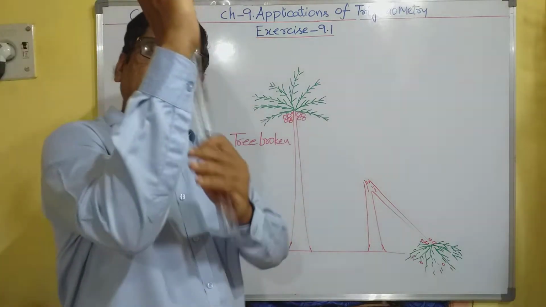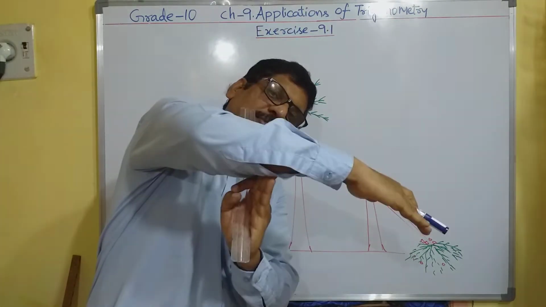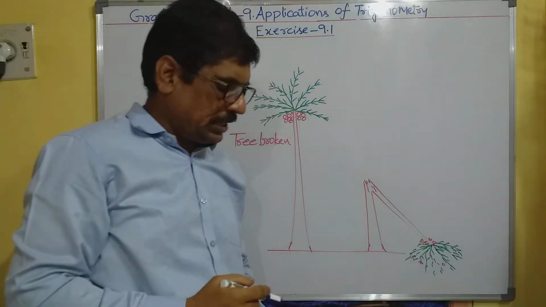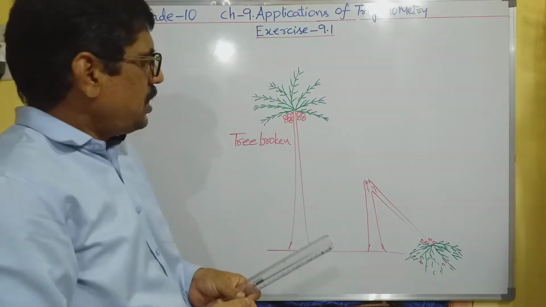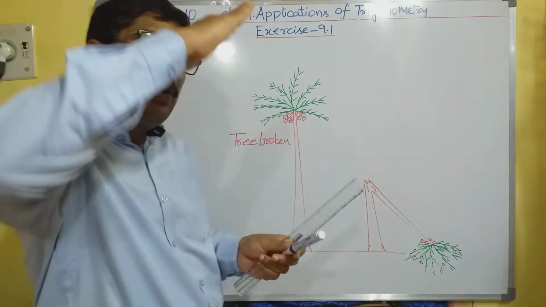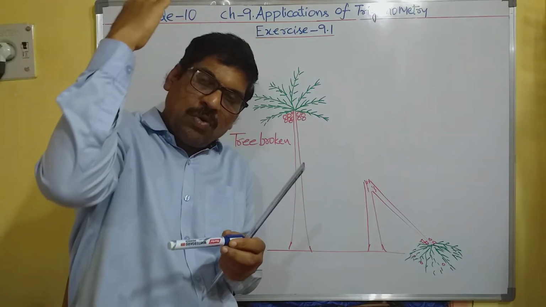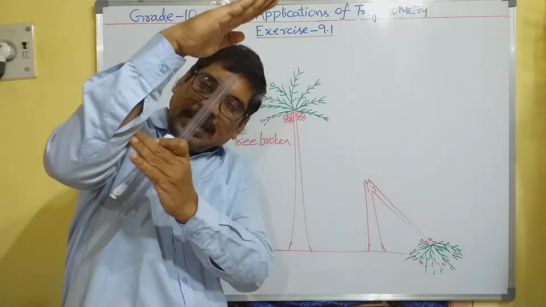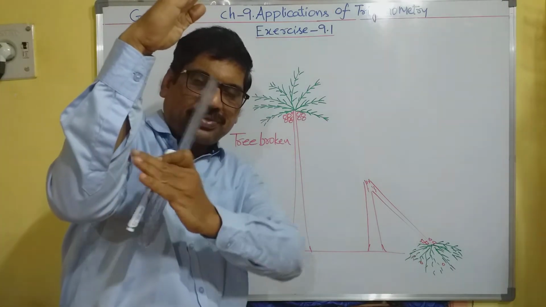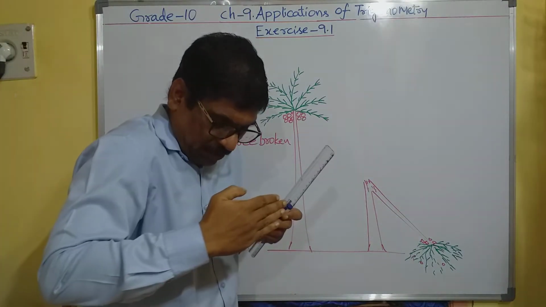So for example, it breaks like this and the broken part falls like this and it touches the ground at a distance. Then the slanting part which fell down makes an angle of 30 degrees with the ground, and touches the ground at a distance of 8 meters from its base.